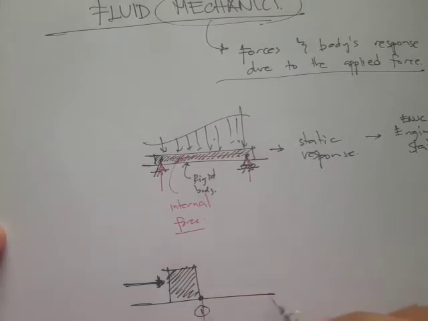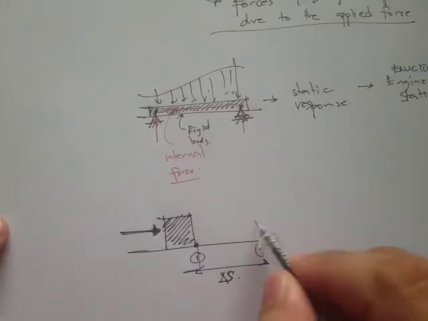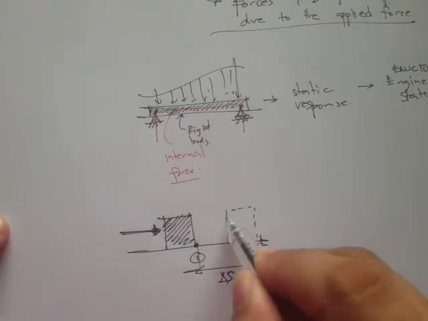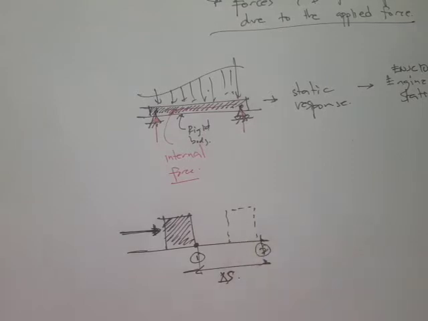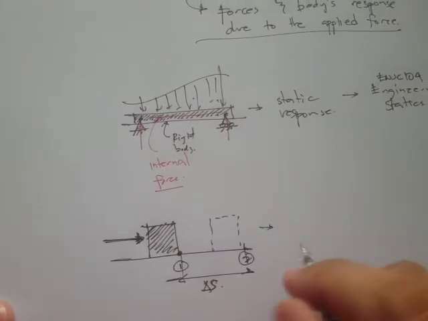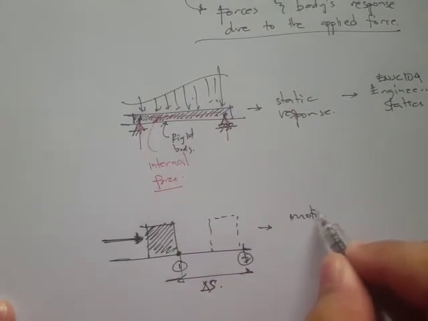Meaning it will have motion, or displacement. This is delta S for the displacement. Because of that force, this object is displaced.